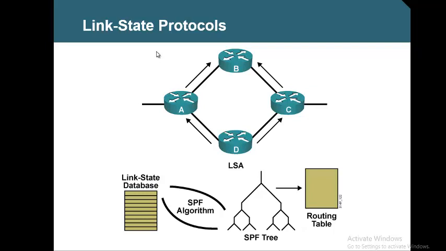That doesn't matter. It uses the cost in whichever form it is, whether manually given or auto calculated as per the bandwidth. It uses the cost and finds the shortest path to reach destinations, and those paths alone will be seen in the routing table. So in the link state database, you'll have all path information.